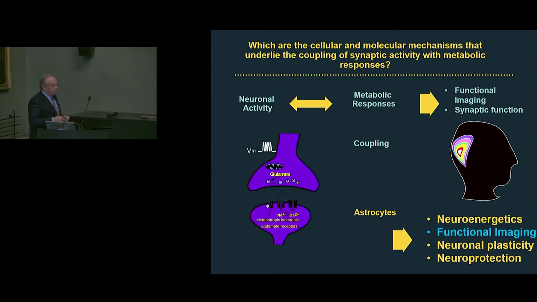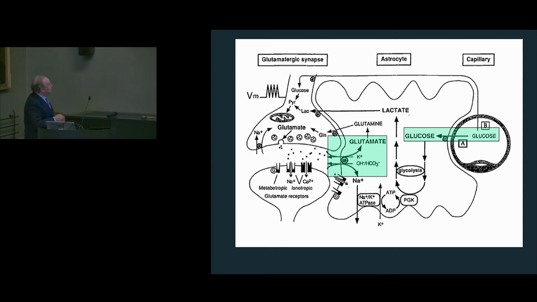Now, how is this relevant to functional brain imaging? Well, we actually addressed this in experiments about 20 years ago. We said, well, if this reuptake of glutamate into astrocytes is so key, crucial for glucose uptake, if we were to downregulate the expression of these transmitters, maybe we will decrease the uptake of glucose into the brain.